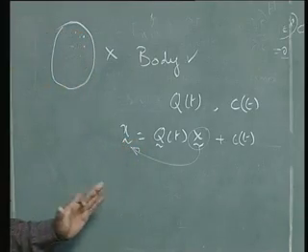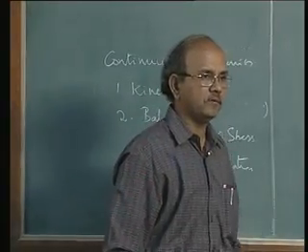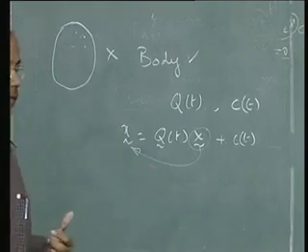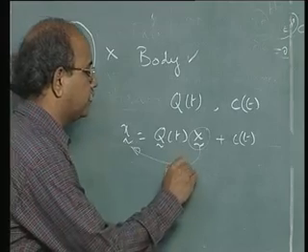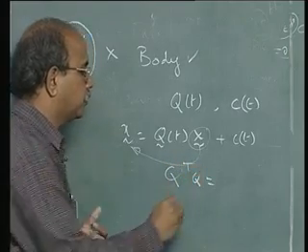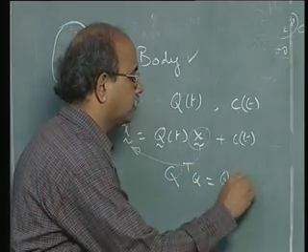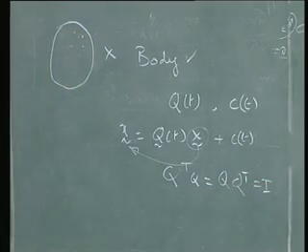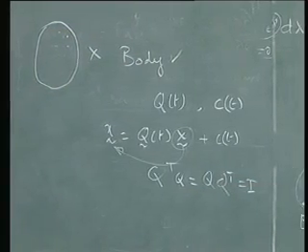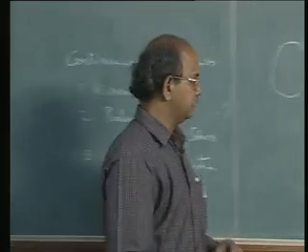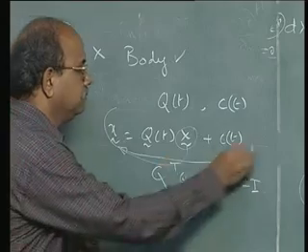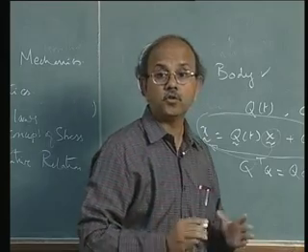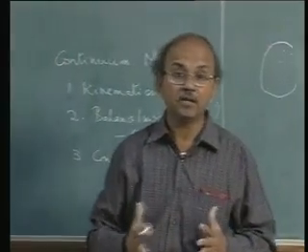If the mapping function is of this equation, where of course we have a very important property that this Q has to satisfy, Q transpose Q is equal to Q Q transpose is equal to I, which means that Q is an orthogonal tensor, then this mapping gives me a rigid body motion, or the motion that the body undergoes.